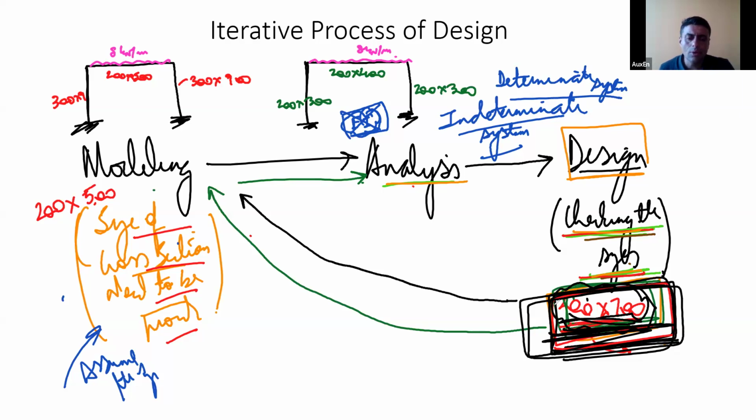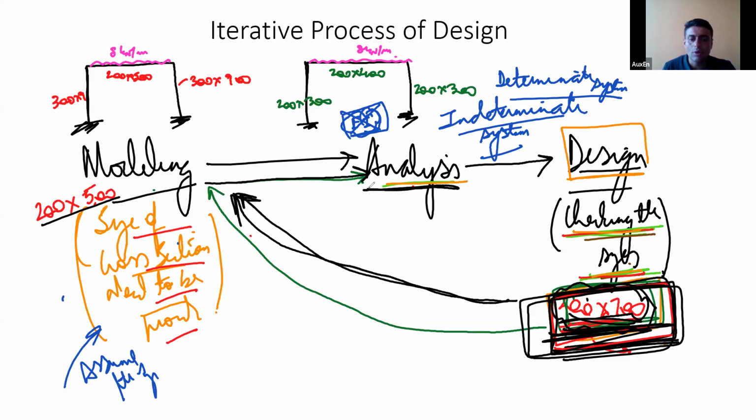Let's not go to RCDC right now. So I did the modeling. I took this 200 by 500 beam. I run the analysis. Then while checking the design, I could figure out that the size is not sufficient. So I increase the size. Then ideally I should go back to my modeling, change the size, and rerun the analysis.